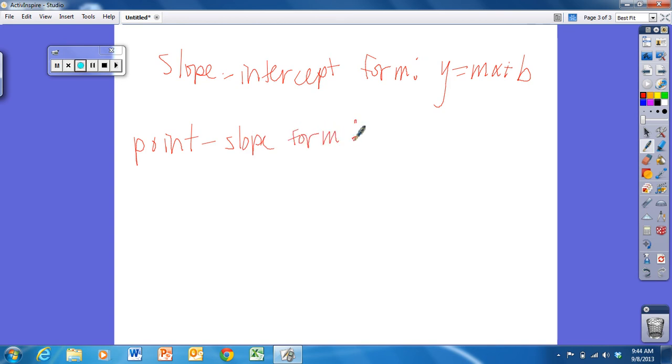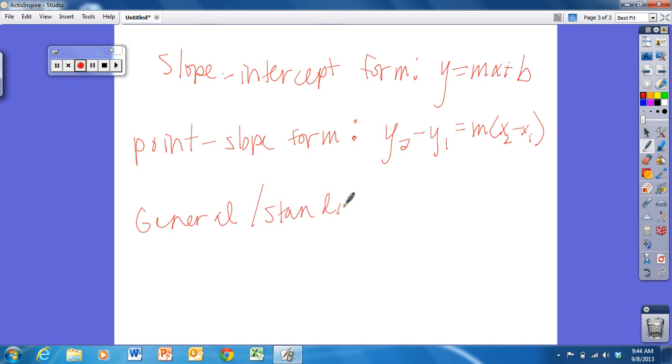is if you're given a point and a slope, you would want to use point-slope form. And then general or standard form. What do we say it equals?